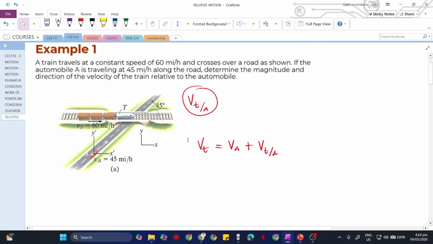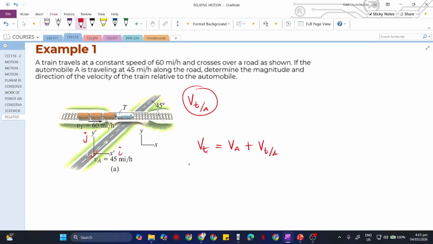So, basically, we need to resolve the components of the velocity of the automobile into two: the velocity along x prime and the velocity along y prime. Recall from statics, right? If we have x, its unit vector is i. If we have y, its unit vector is j. So, we apply that here.